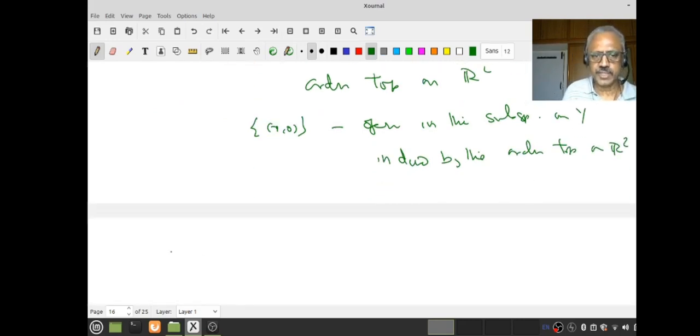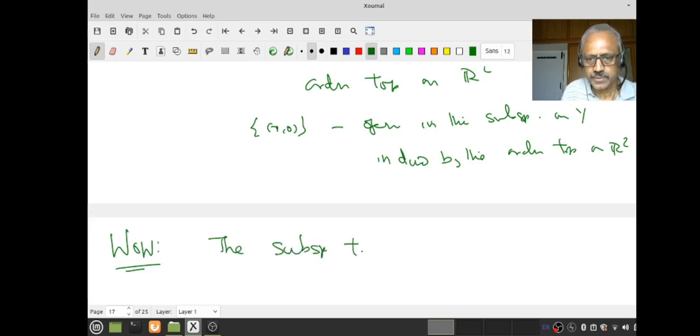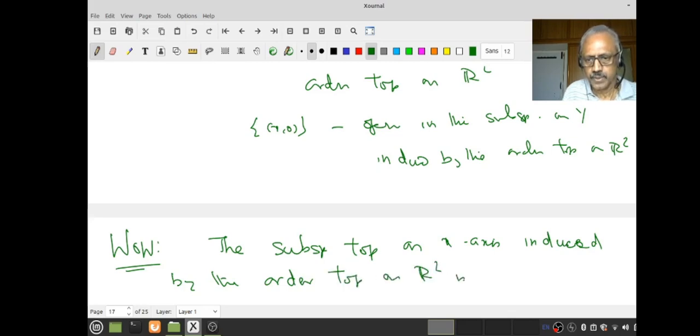So in particular, okay, wow, what have we got? The subspace topology on the x-axis induced by the order topology on R2 is the discrete topology.